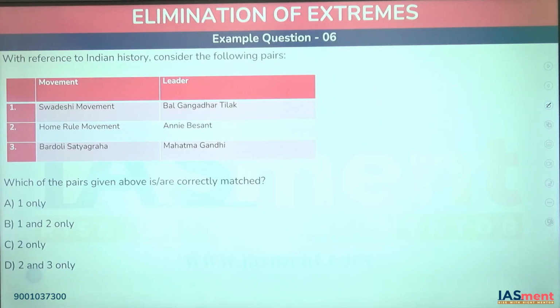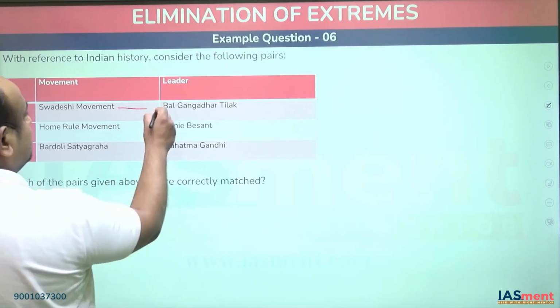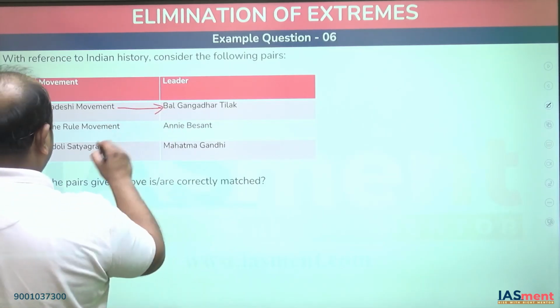Next, Indian history. Swadeshi movement, Tilak.